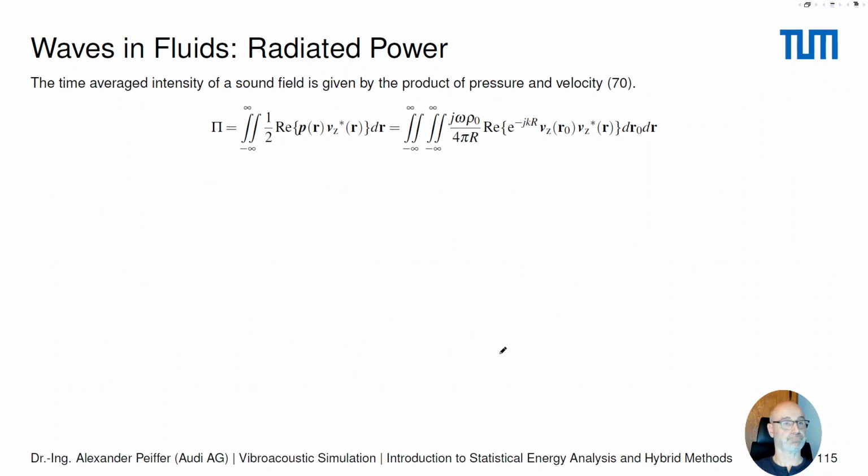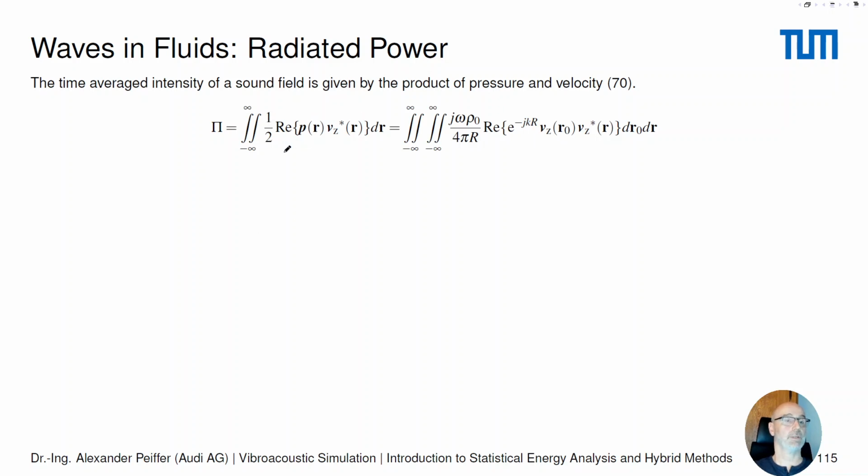Again, what is important for us? We talk about SEA, which is an energy method, and for energy we have to calculate radiated power, so understand how energy is exchanged between structures and the sound field. And that's also quite an easy thing.